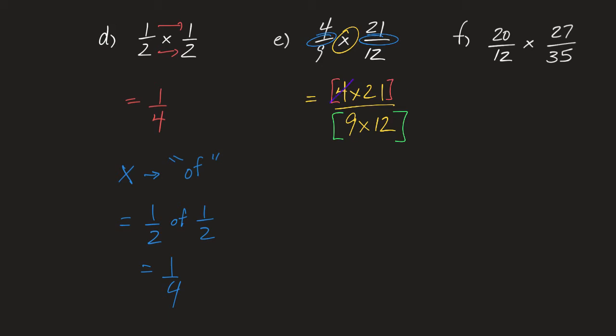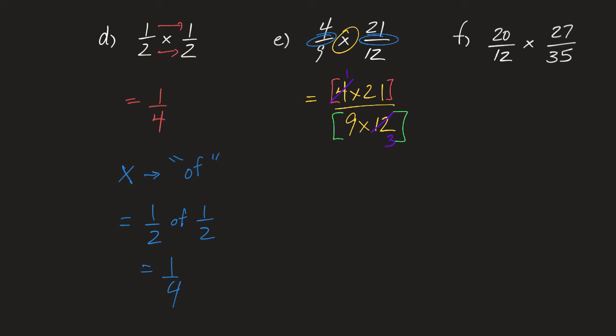So I could divide my 4 by 4, so that's why I have 1, and I could divide my 12 by 4 and get 3.